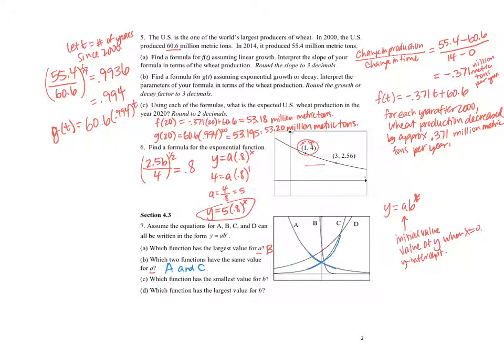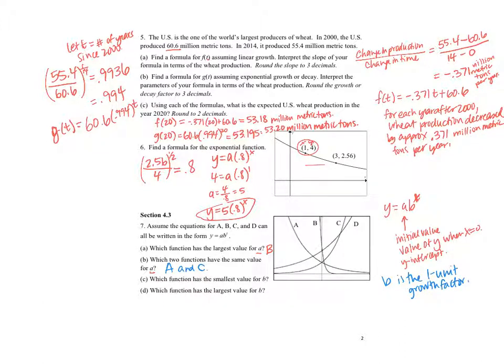And then it says which function has the smallest value for b. And so I think what we need to do here is think about what role b plays. So b is the 1-unit growth factor.